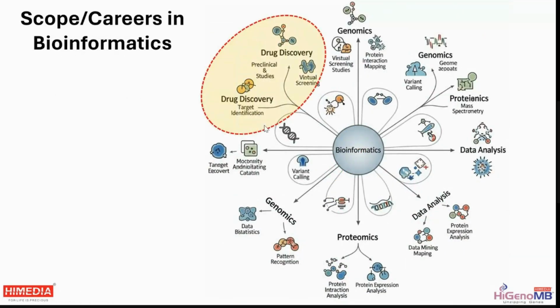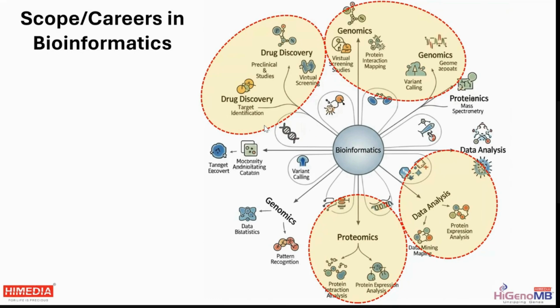Drug discovery can be one of the options after becoming a bioinformatician, or you can become an expert in genomics, an expert in proteomics, or an expert in data analysis, like whatever data is generated from various parts of an organism or from different organisms. Those things can be clubbed together and understood.